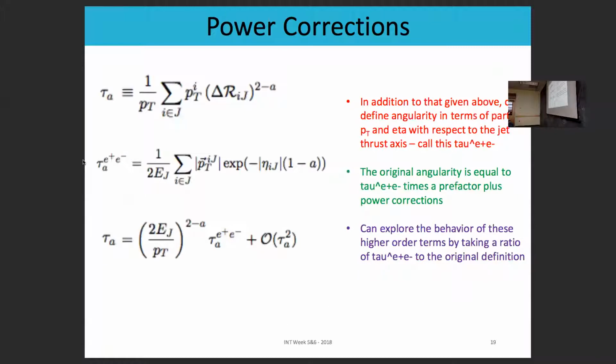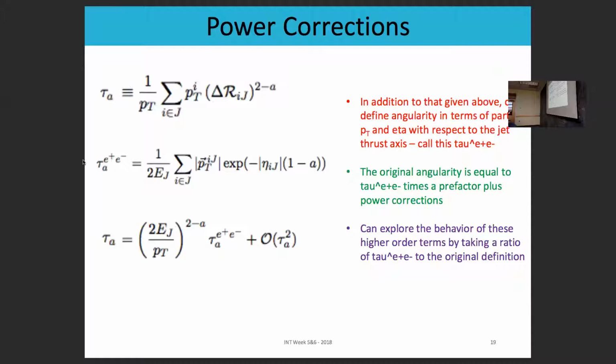So I want to talk briefly now about a method for trying to get a handle on higher order correction terms. This is the formula I've been using. You can also write the angularity, and I guess for historical reasons it's called the E plus E minus angularities, where again you sum over the pTs of the particles with the exponential of the eta of the particle times 1 minus a.